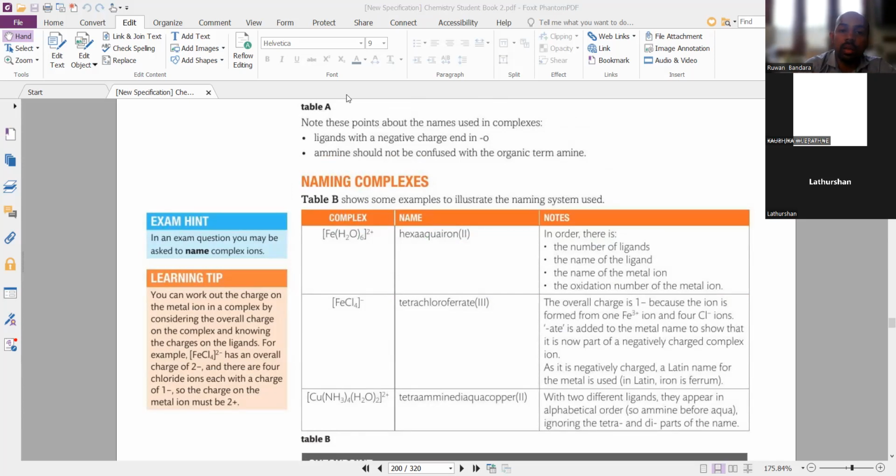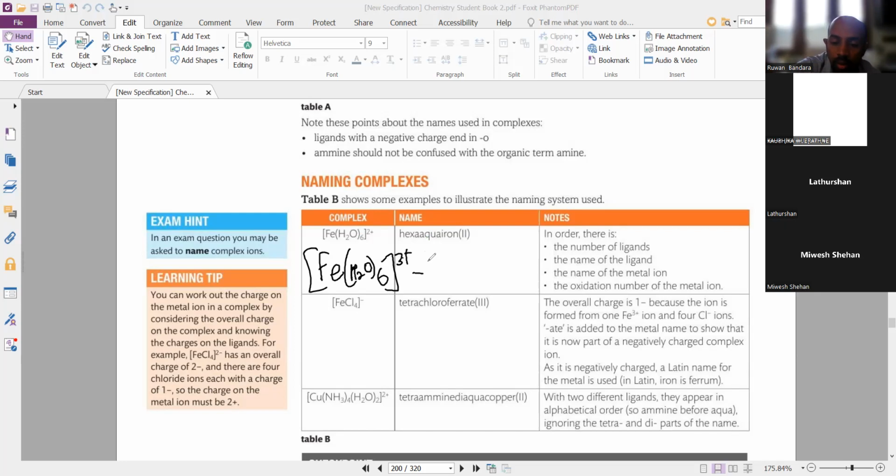Similarly, Kaushika, can you tell me the name for this one? [H2O]6 3+. Okay. What is the name of this one then? Kaushika? Hexaaqua, and 3. Yes, very good.